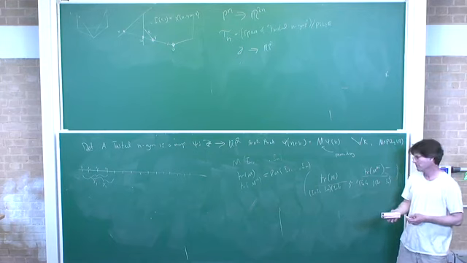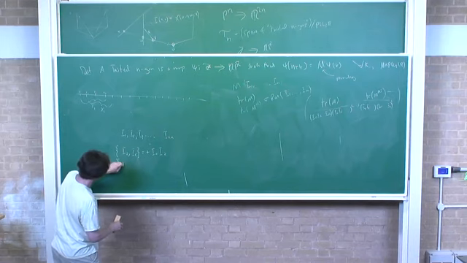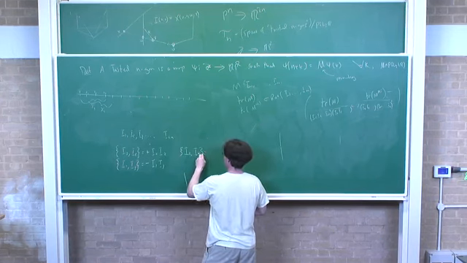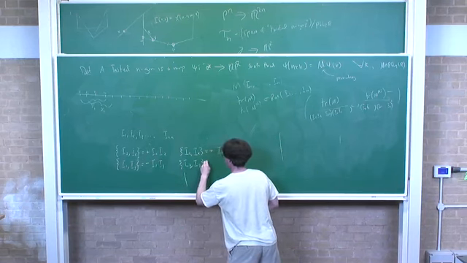So I'm almost done. I just have to tell you what the Poisson structure is. So you have these invariants, and the invariants themselves are functions on the space.